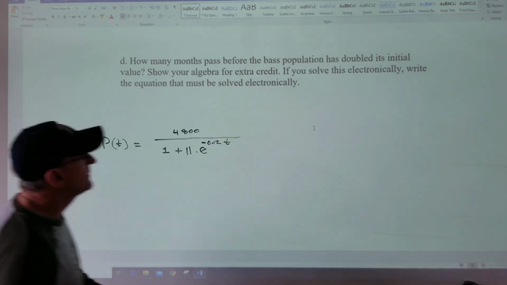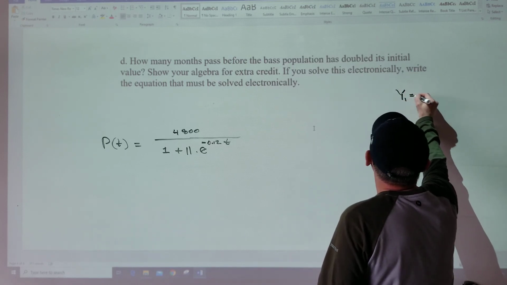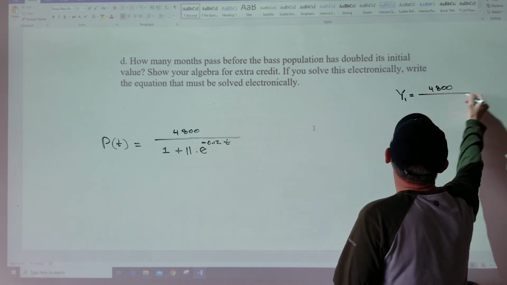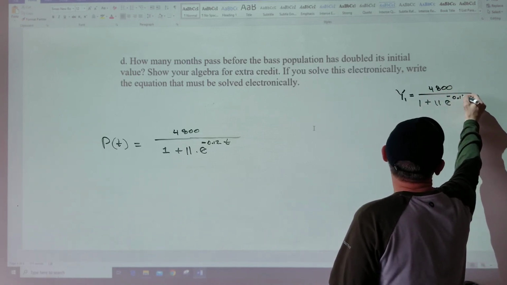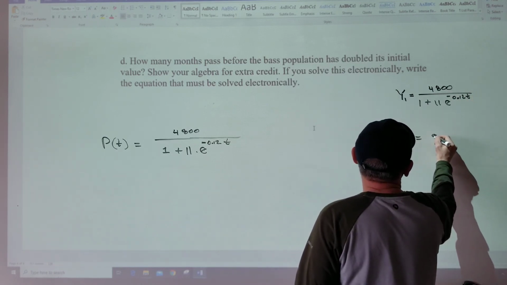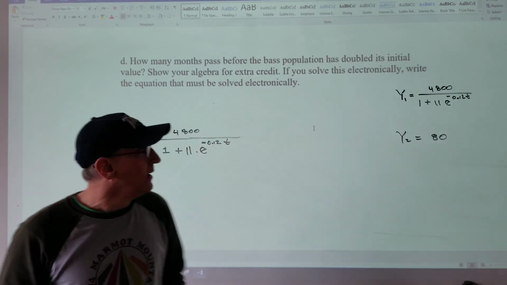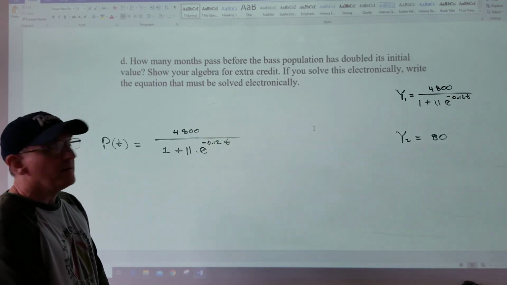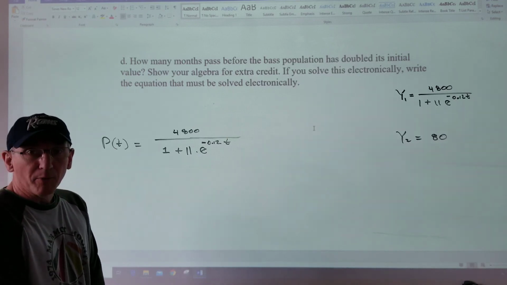So what you could quite literally do is go in your calculator and type y1 equals this, and then type y2 equals 800 bass. Graph those two in an appropriate window and use the intersection feature in the calc menu.